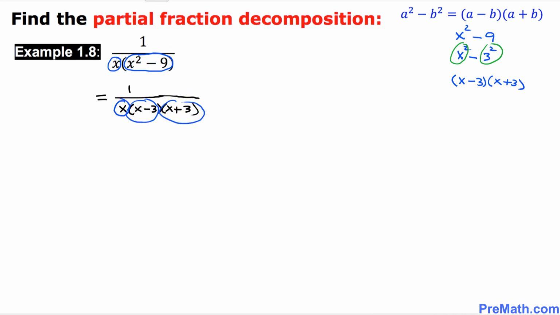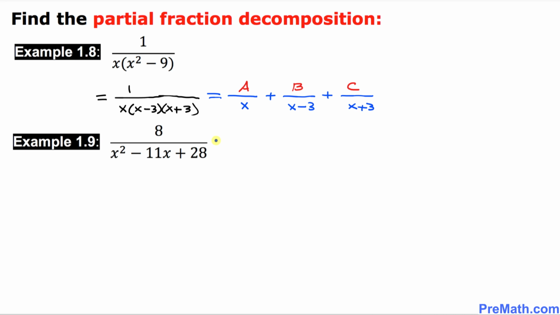Now we are in good shape. And now let's go ahead and find the partial fraction decomposition. The first is going to be x at the denominator, plus then x minus 3 at the denominator, and the third fraction is going to be x plus 3. And then once again, for the first fraction, A is going to be on the top, for the second, B, and for the third, C, and that is our answer.